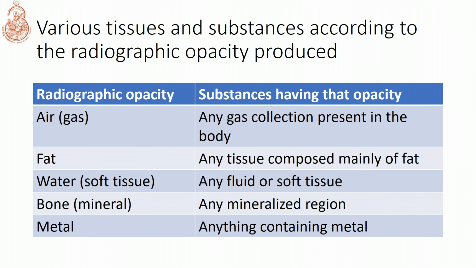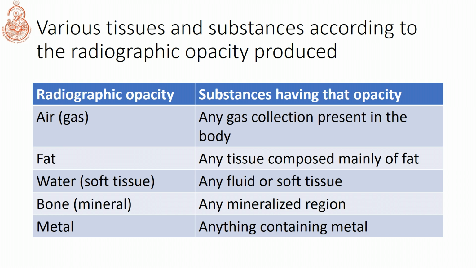The various tissues and substances produce various types of opacities according to the radiographic opacity produced. Air or gas might look dark on a radiograph, and that can be due to any gas collection present in the body.